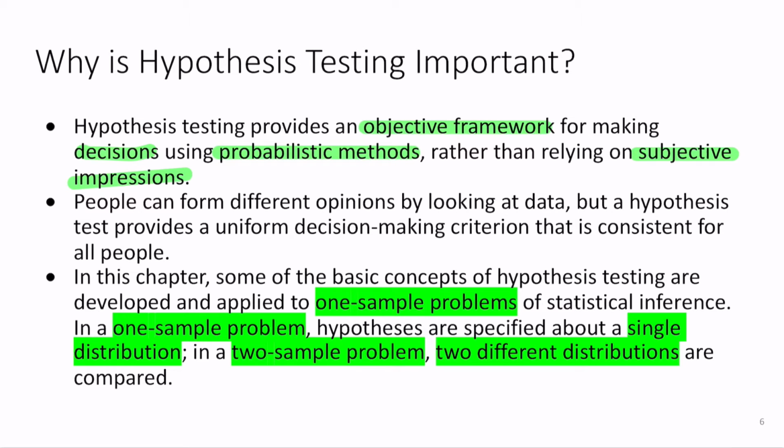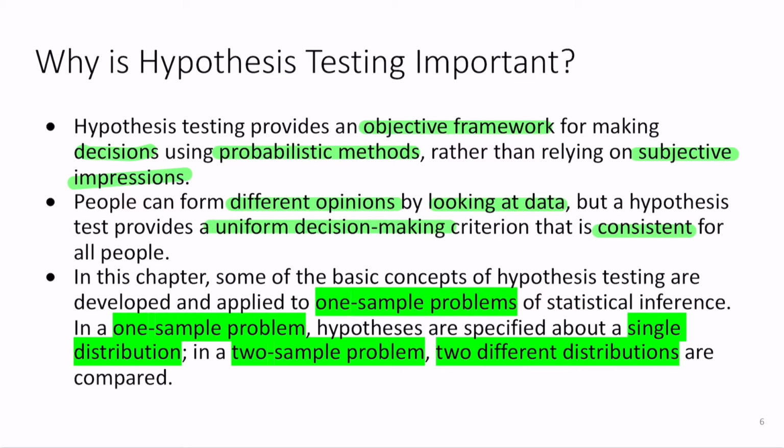The idea behind hypothesis testing is to make sure that whatever decisions we take have some kind of a probabilistic measure behind them. People can form different opinions by looking at data, so a hypothesis test provides a uniform decision-making criterion that is consistent for all people.